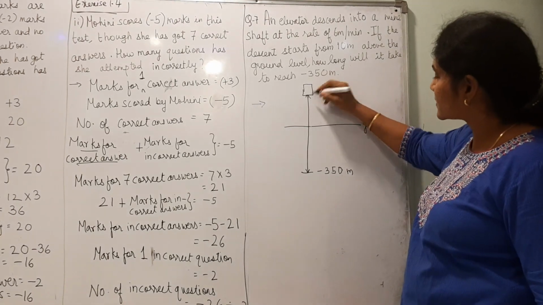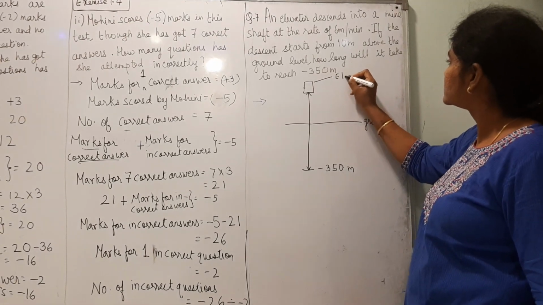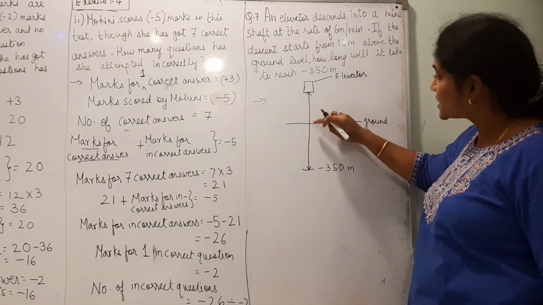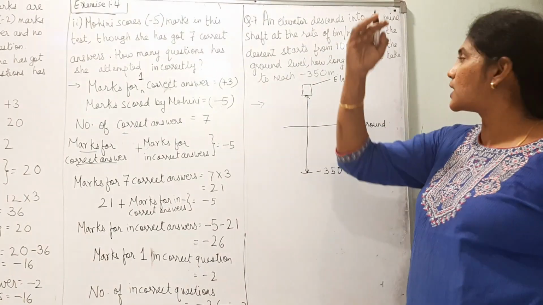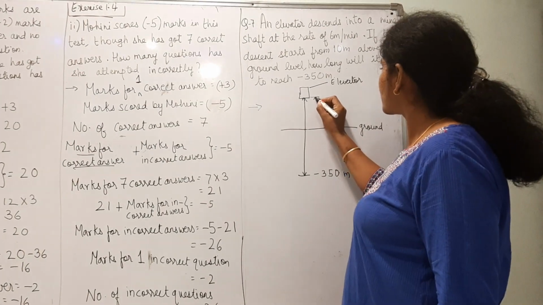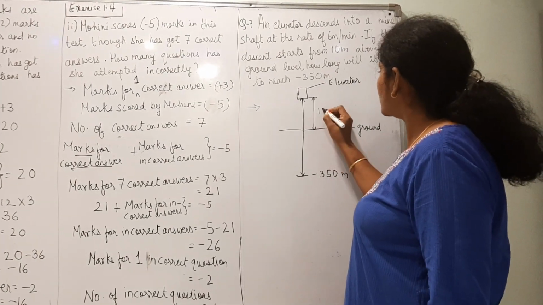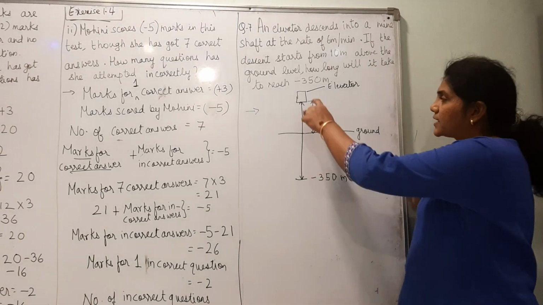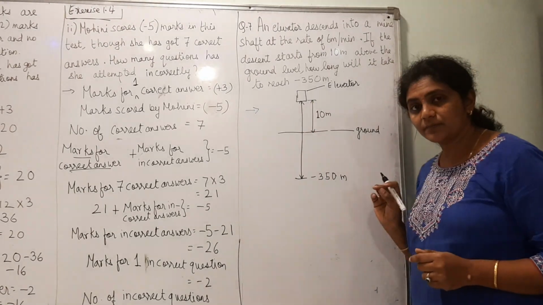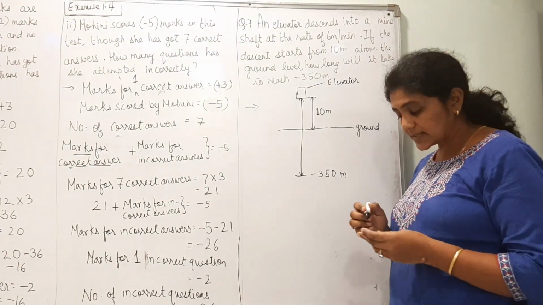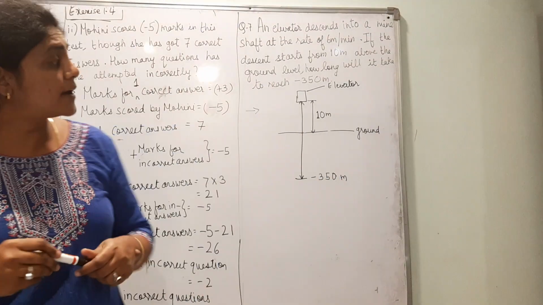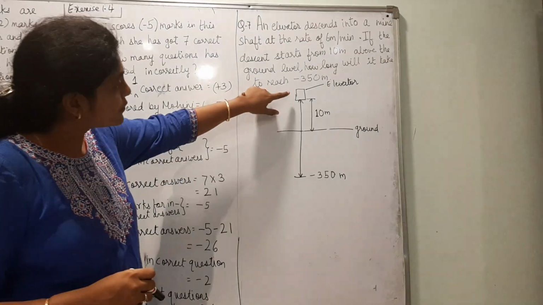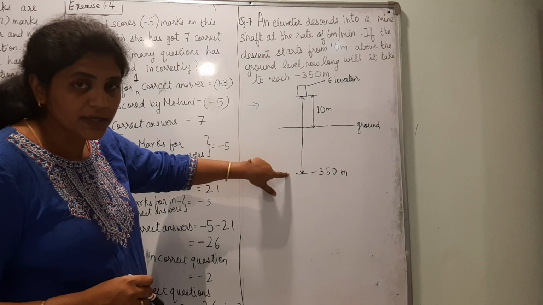This is the elevator. This is 10 meters above the ground. So the distance from the ground to the elevator is 10 meter. Now this elevator has to come here, right? So from 10 it has to come here.